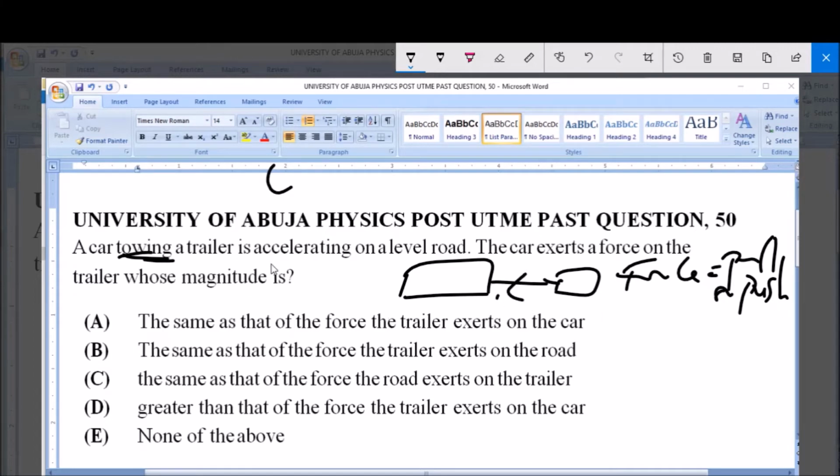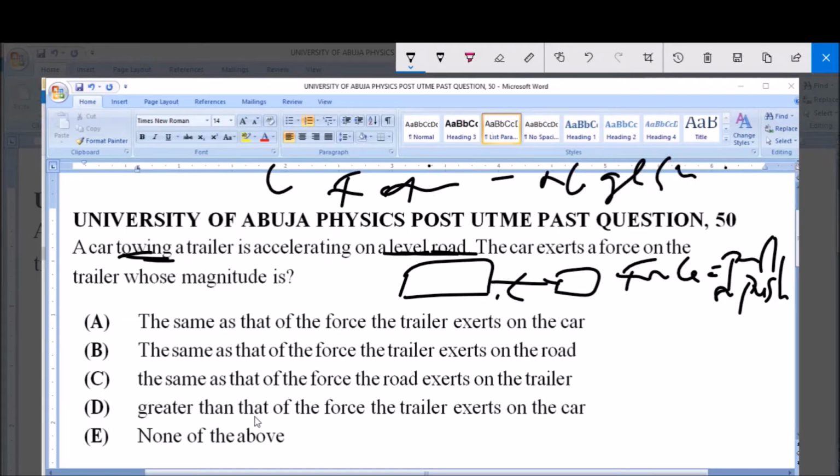Now a car towing a trailer is accelerating on a level road. It says the road is level. If the road is level, the friction is kind of negligible. So that's an assumption we'll make here, that the friction is kind of negligible.